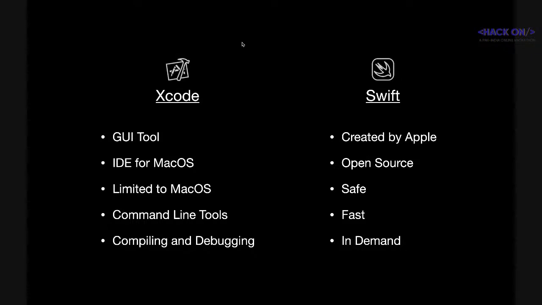Swift is a very safe language, type safe, and faster than Objective-C. Compared to Python, it is about 8 or 9 times faster, and it's in demand because all Apple platform apps are developed in Swift.